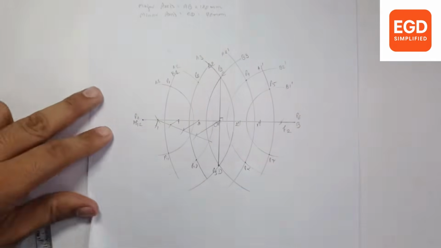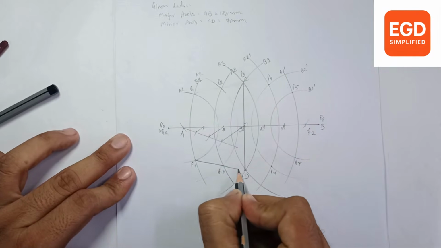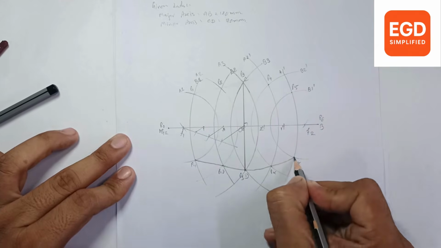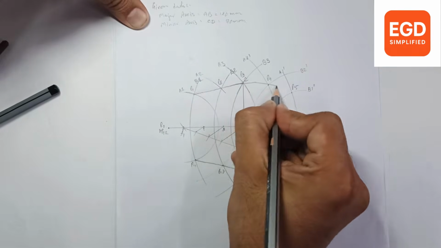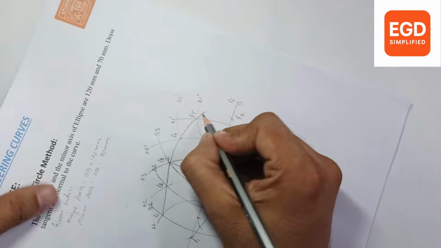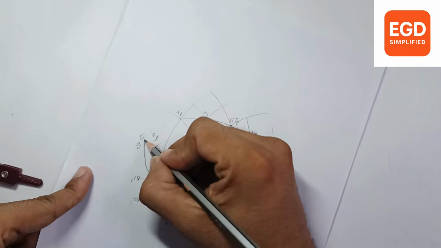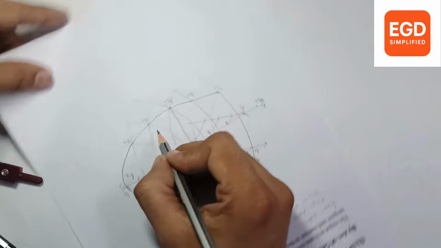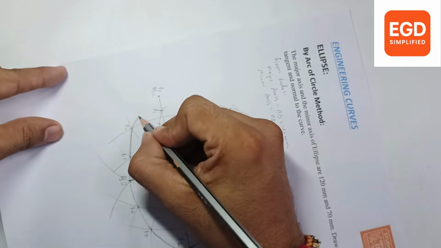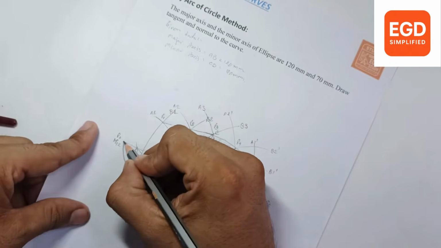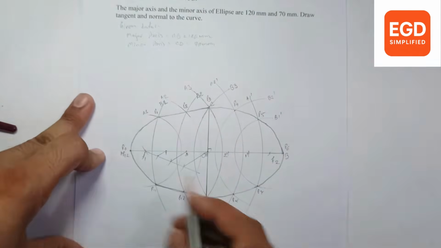Now draw a smooth curve from the points, so your ellipse is generated.